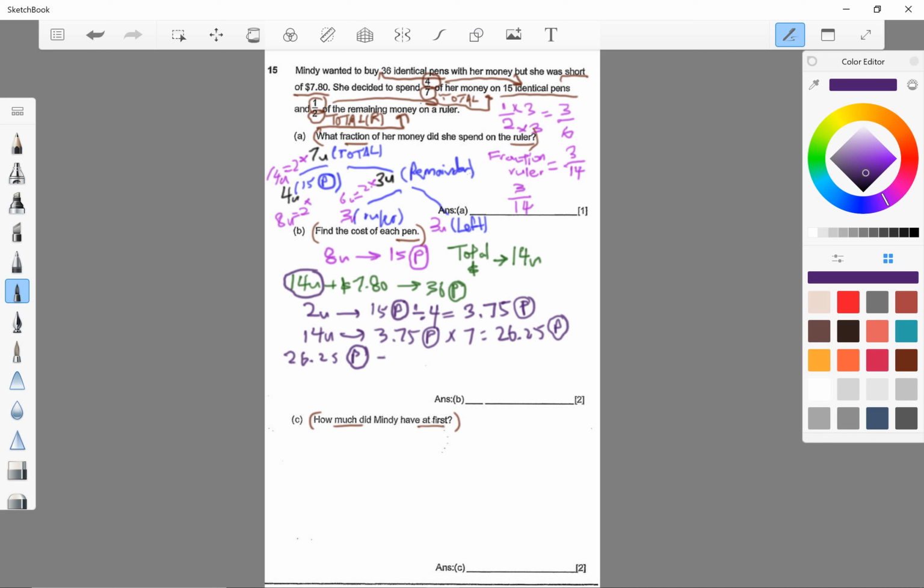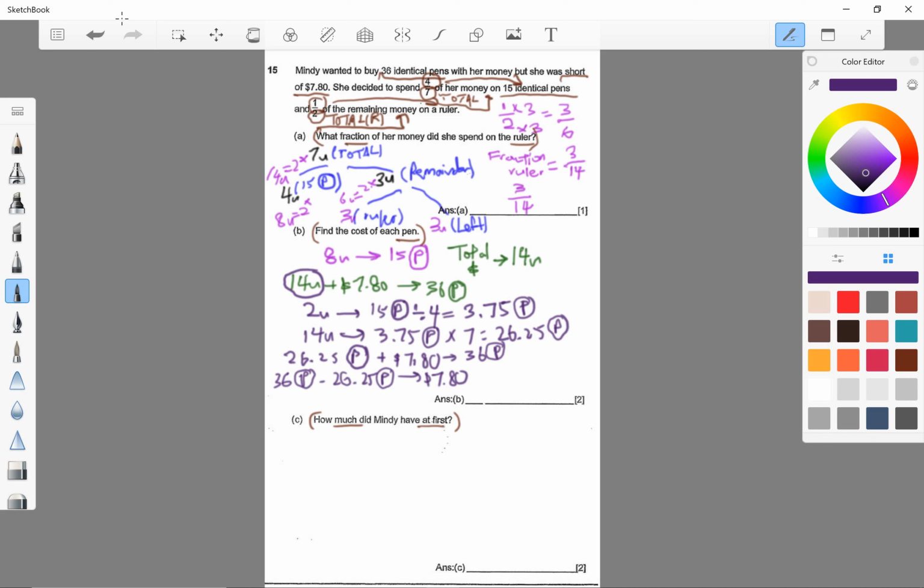If I were to add 780, it must give us 36 pens. Which also means that if I were to take 36 pens, subtract away 26.25, that value will be 780.